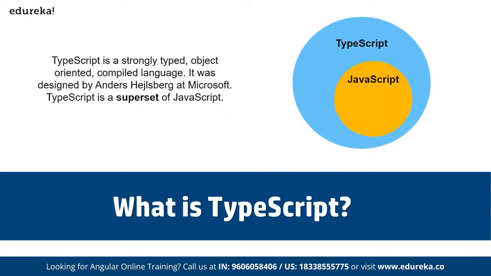And this is what exactly it is. So basically, TypeScript is a pure object-oriented language with classes, interfaces, and statically typed programming languages like C or Java. And it requires a compiler to compile and generate a JavaScript file. So basically, we can say that TypeScript is an ES6 version of JavaScript with some additional features also available here.